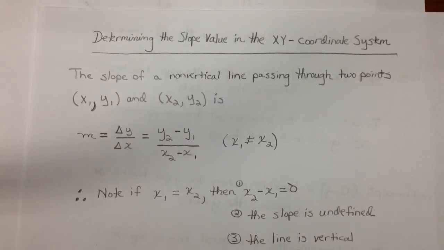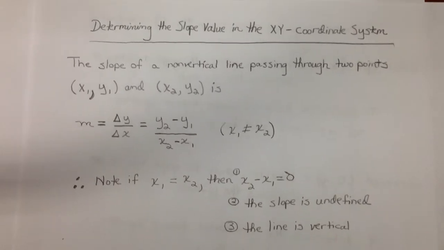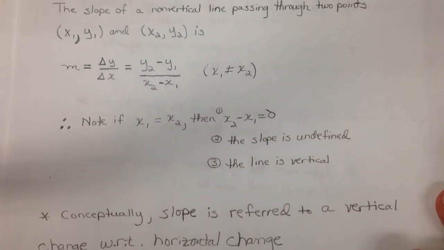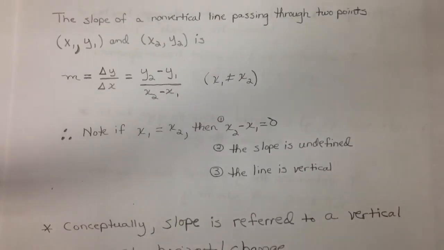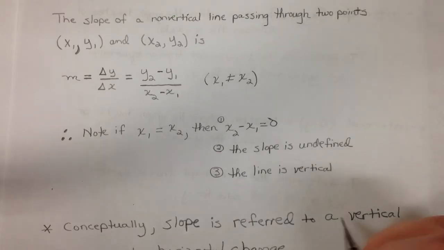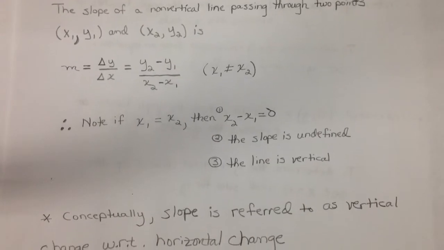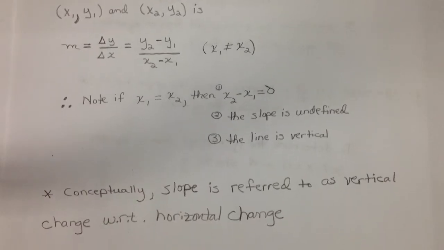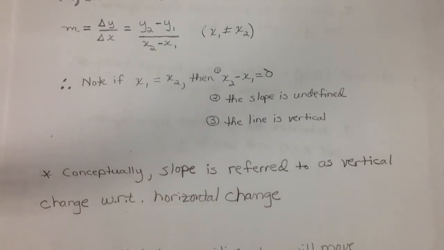Now for all other types of lines, conceptually, slope is referred to as vertical change with respect to horizontal change. Even though the slope might be defined, it is going to have one of the following characteristics.